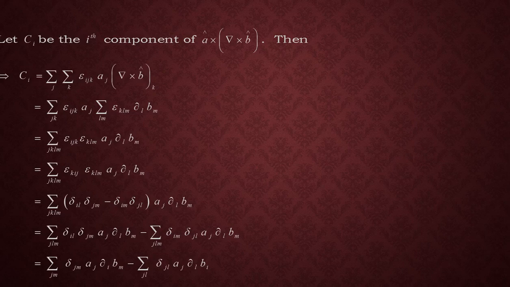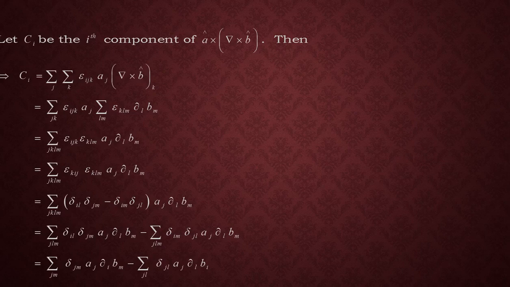This formula is the relationship between the Levi-Civita and the Kronecker delta. That is, epsilon_kij epsilon_klm equals delta_il delta_jm minus delta_im delta_jl.